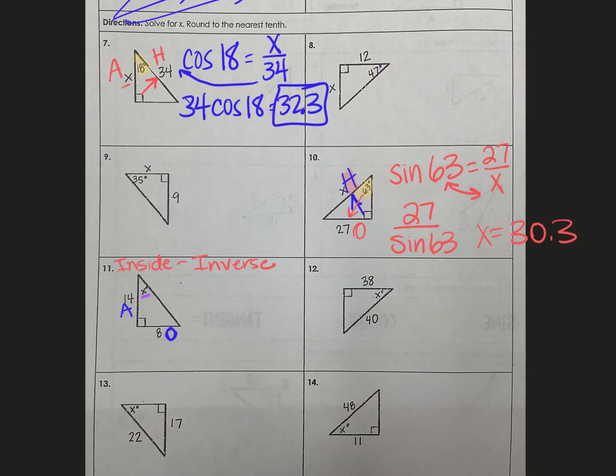So we're going to use tangent, but we're going to use the inverse. And all the inverse is you put a little -1 right there. And then you're going to put your fraction, your O over A, so 8 over 14. So to put this in the calculator, you're going to hit the second button, and then tan, and then your alpha x to enter 8 over 14 as a fraction.